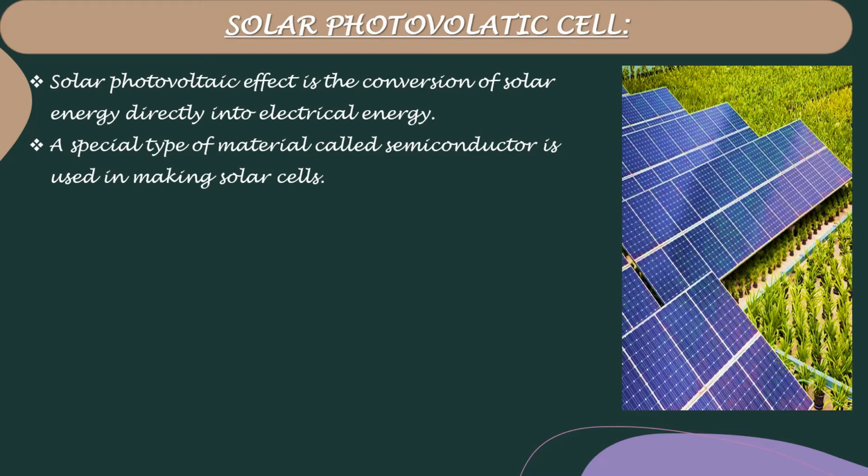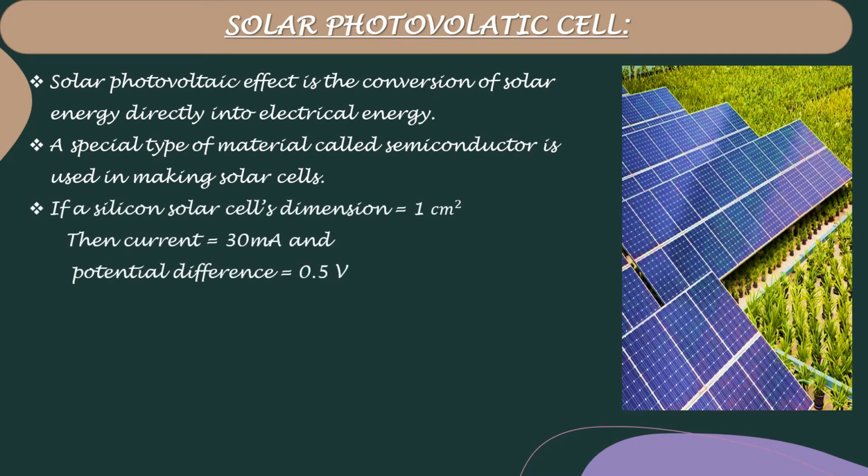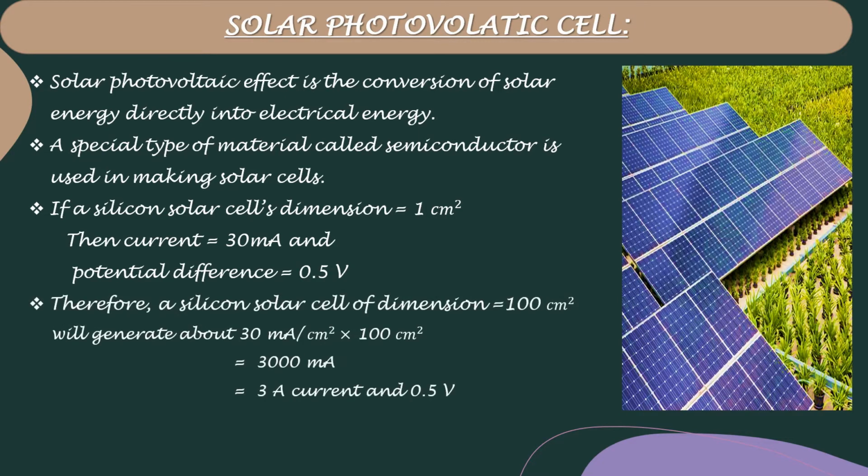silicon. Now we'll take an example: a silicon solar cell of dimension 1 centimeter square generates current of about 30 milliampere and potential difference of about 0.5 volt. So a silicon solar cell of dimension 100 centimeters square will generate about 30 milliampere per centimeter square multiplied by 100 centimeter square, which is equal to 3000 milliampere current.